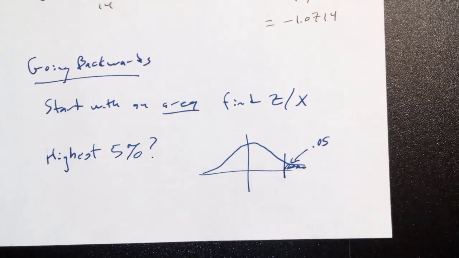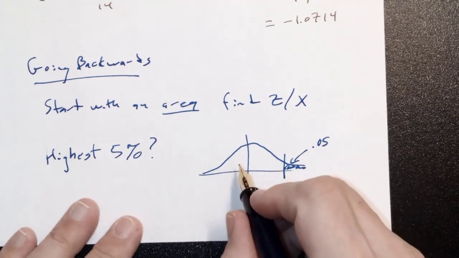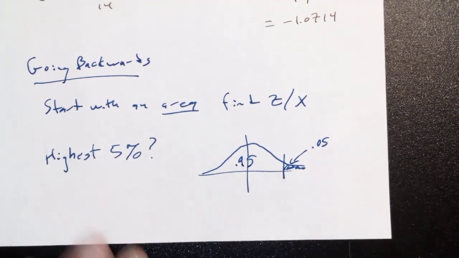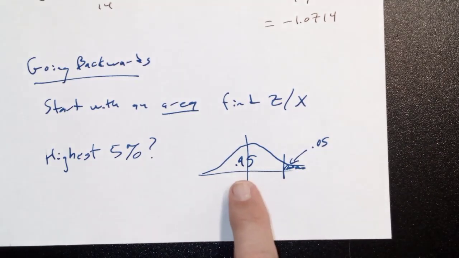If this upper area is 0.05, then this lower area is 0.95. Grab your CDF table, table C2. And in table C2, I'm going to try and find a Z-score of 0.95, or at least as close as I can come to it.